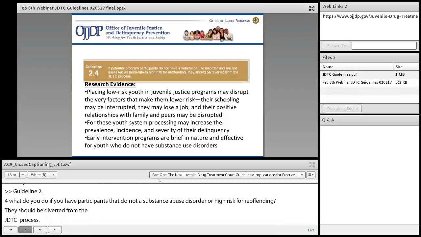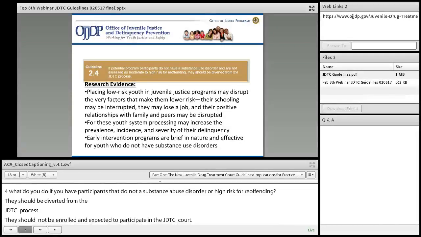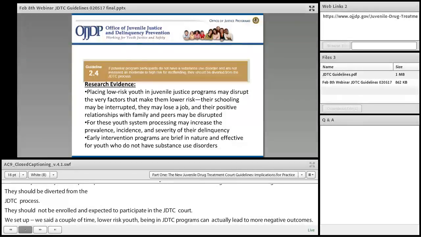So we've said a couple of times that we know that for lower risk youth, being in juvenile justice programs can actually lead to more negative outcomes, right? And one of the reasons that the research points to is that being in a juvenile justice program can actually be disruptive to the kinds of things that make these young people lower risk in the first place, right?